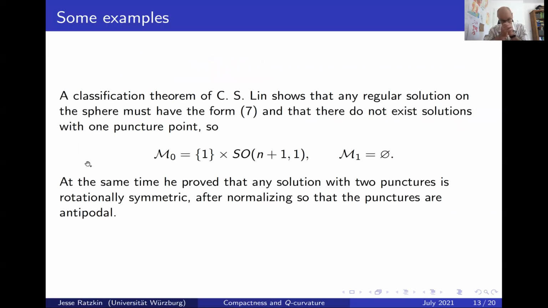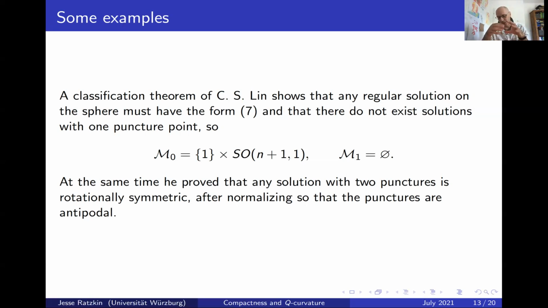Okay, so before we continue, it's good to talk about some examples. There's a classification theorem by C.S. Lin, proved in, I think, 1998 or 1999, which says that any regular solution on all of R^n must be one of these dilated, translated spherical solutions.